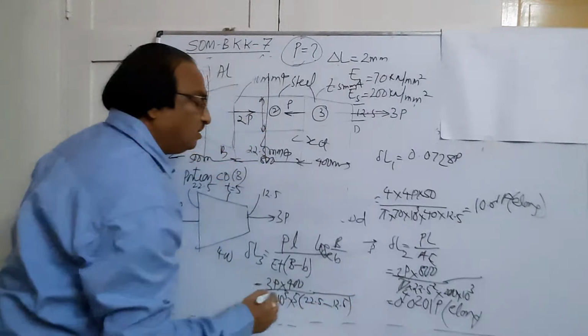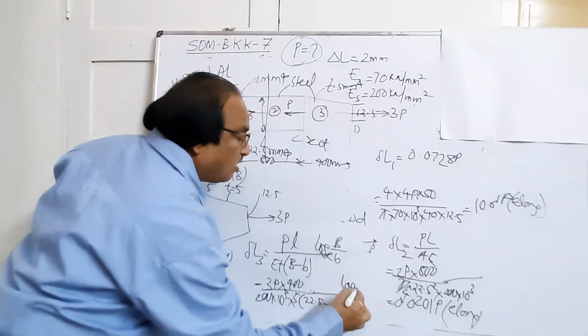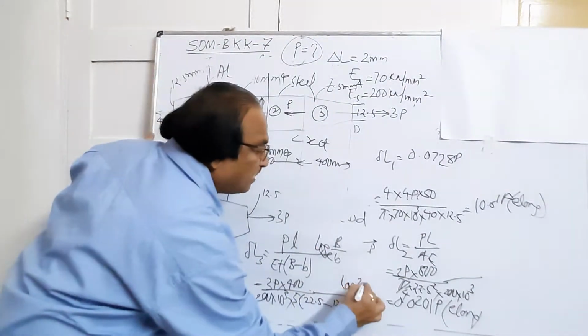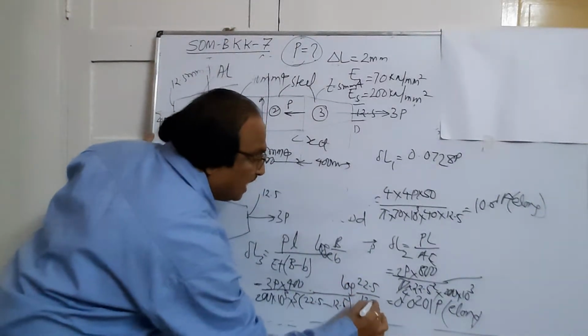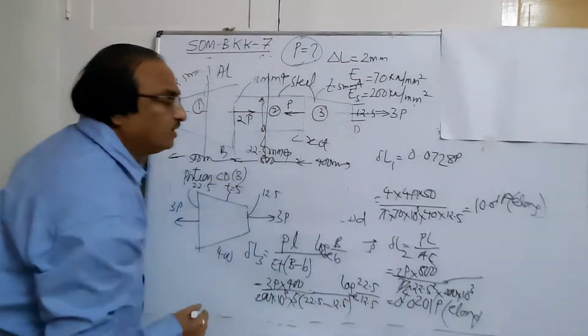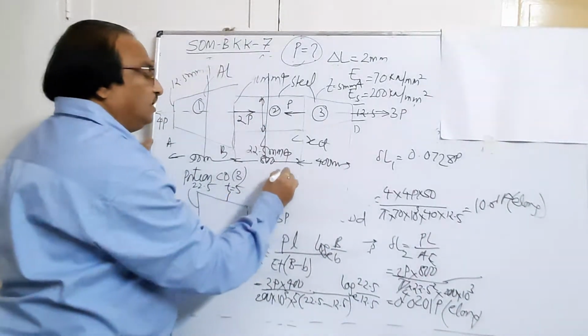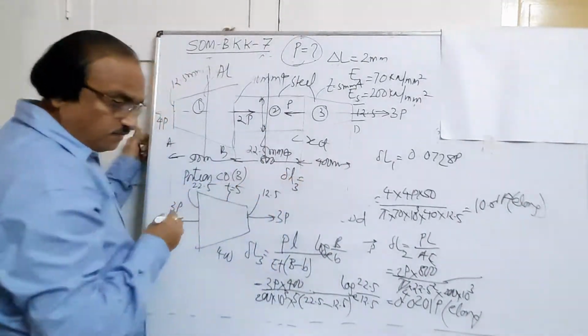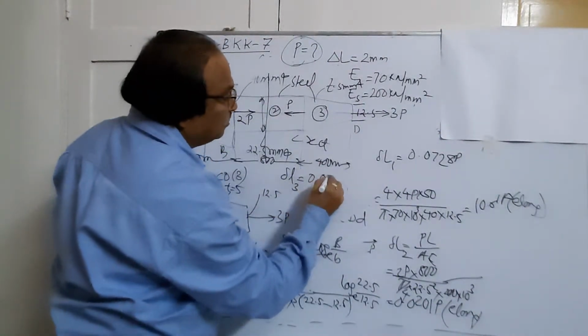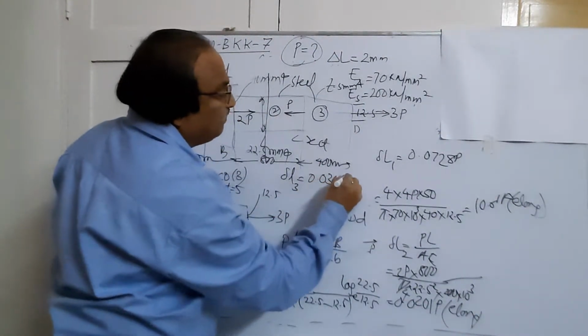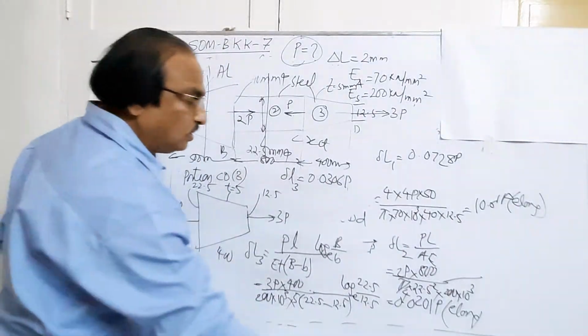This whole thing is in the denominator. Then log of bigger width 22.5 divided by smaller width 12.5, and this is to the base e. So if you simplify this, you get the value of delta L3 equal to 0.0306 P. So you got delta 1, delta 2, delta 3.